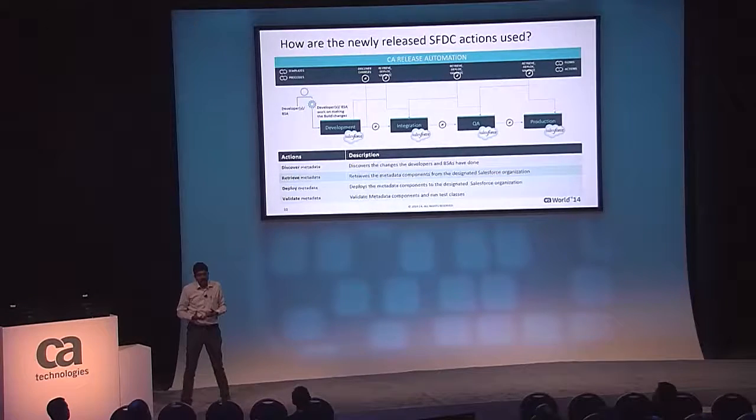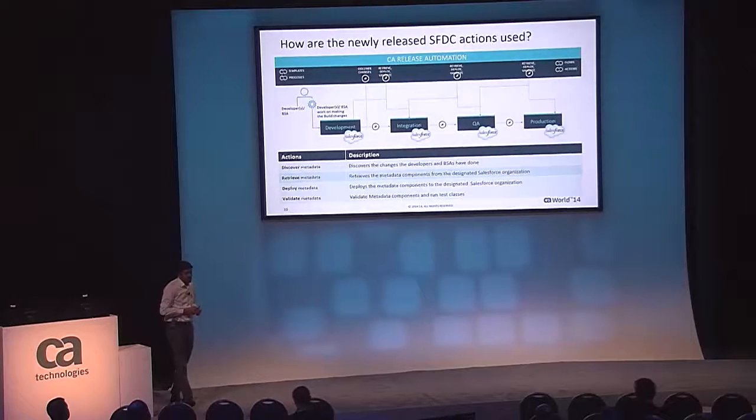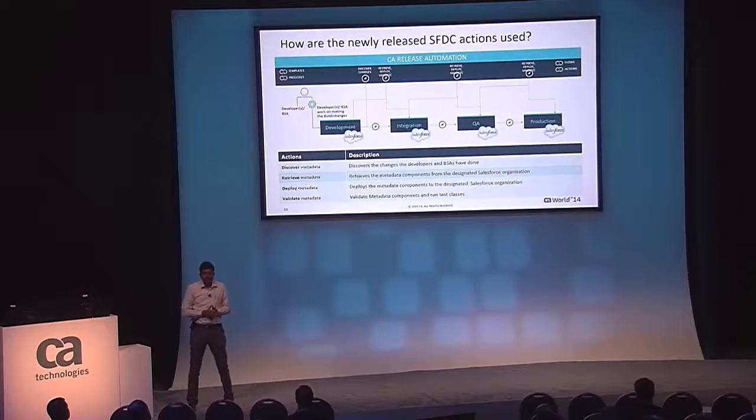RA didn't have any integrations with Salesforce to start with when we started the solution. So we had to depend on some of the generic actions provided by RA, and a lot of scripting was done with Ant. We wanted to see how we could make it a little simpler, and to help people adopt it from an implementation standpoint, we wanted to simplify this.